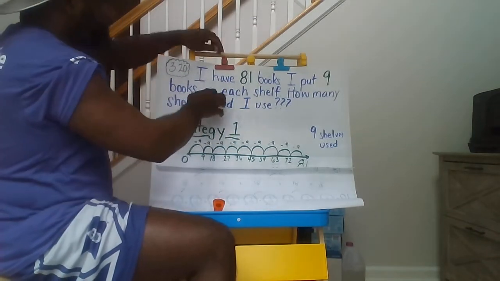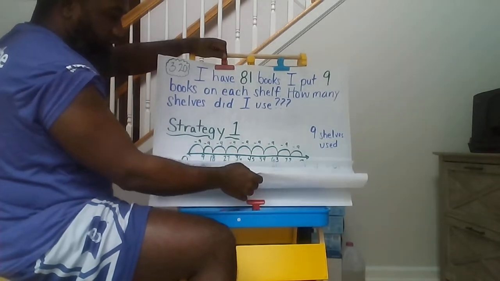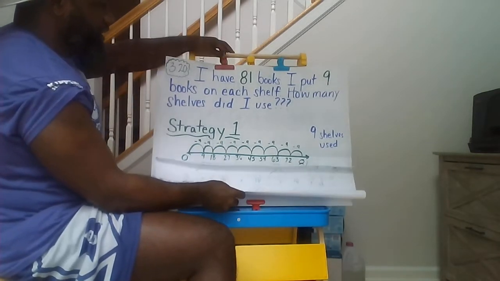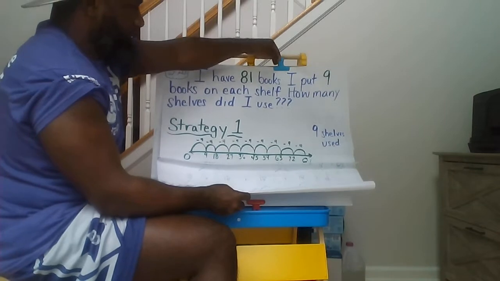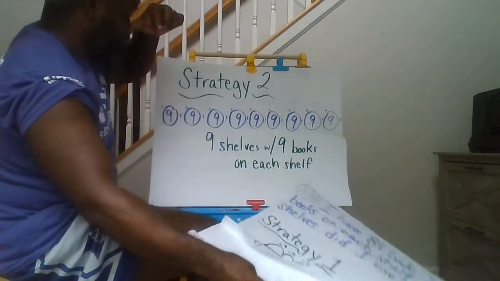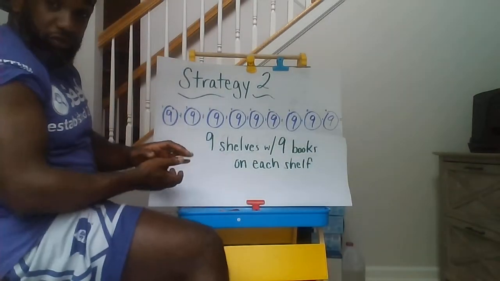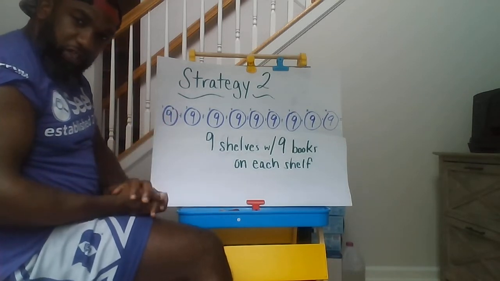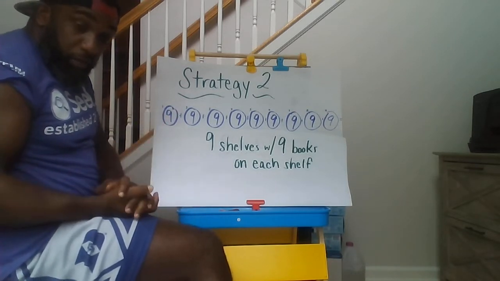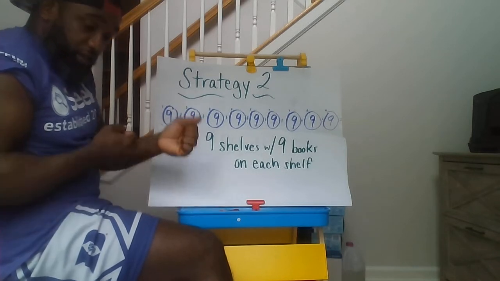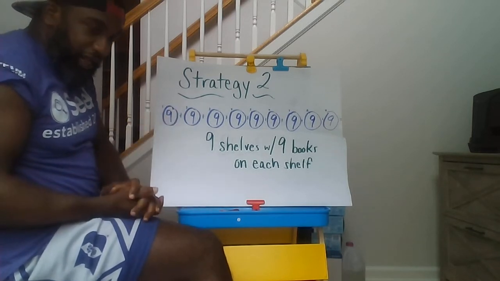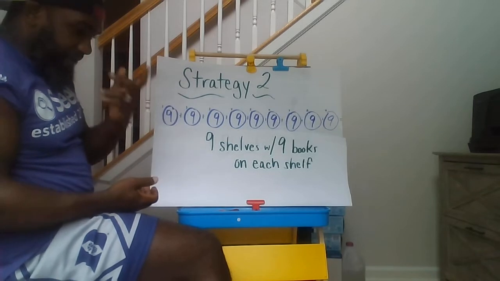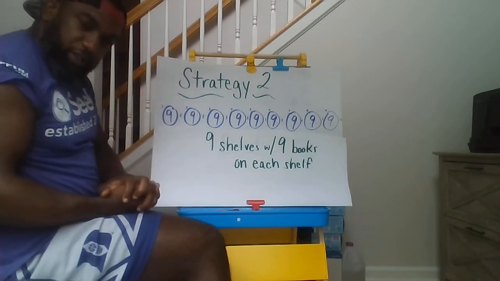All right, here's another strategy that we used. This was repeated subtraction. Now, here's strategy number 2. It looks very similar, but instead of subtraction, we did addition because we do know that subtraction and addition are related. So, again, we had 81 books.